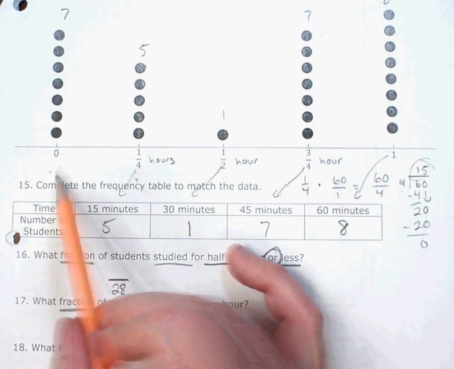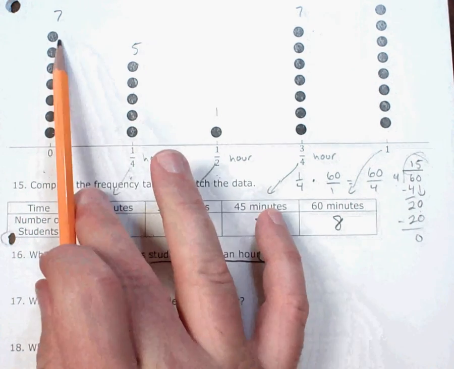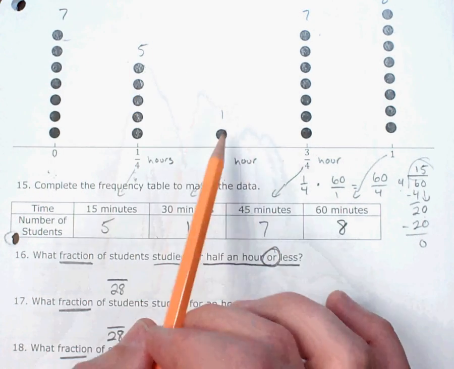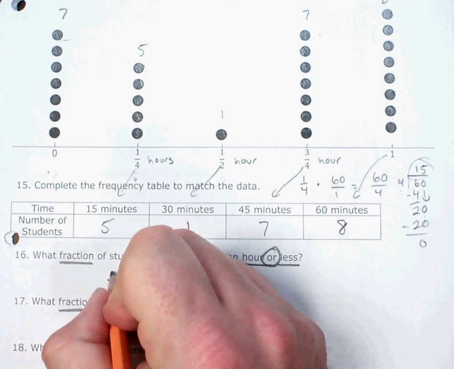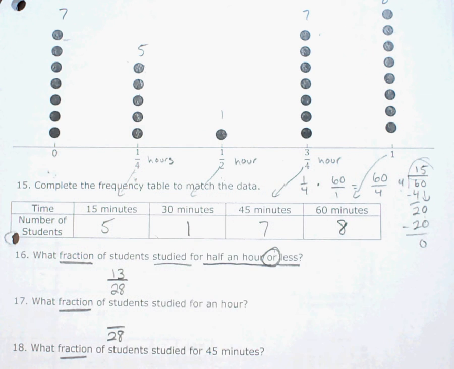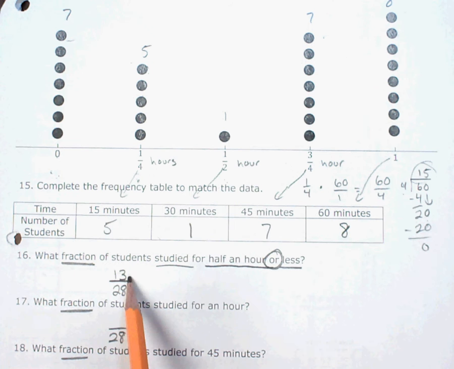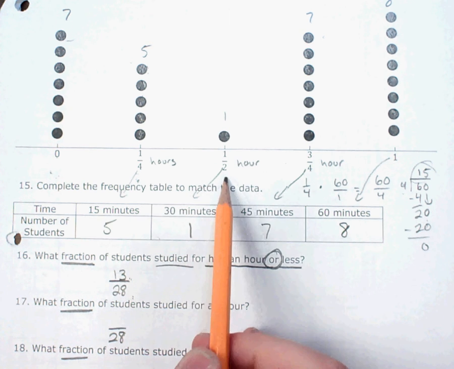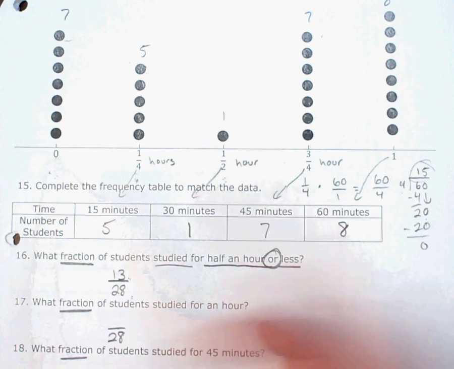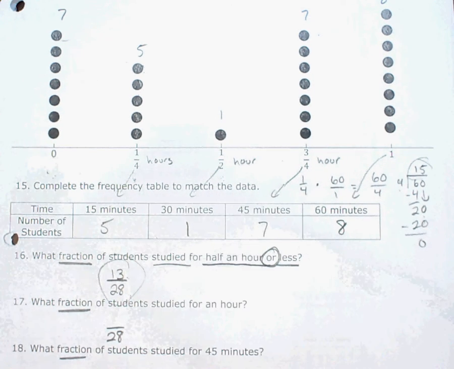I'm just going to count these up. 7 plus 5 gives me 12, plus 1 more gives me 13. The good news is, because 13 is a prime number and 28 cannot be divided by 13, we're done. 13 out of 28 students studied for half an hour or less. There's my answer, 13 out of 28.